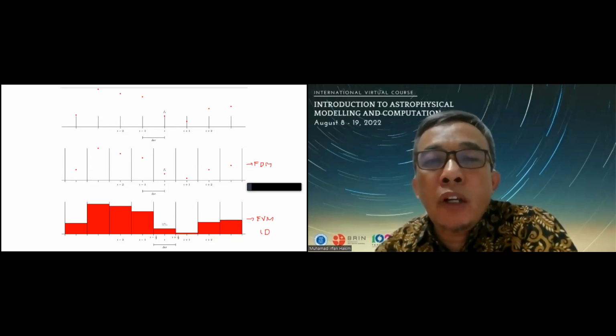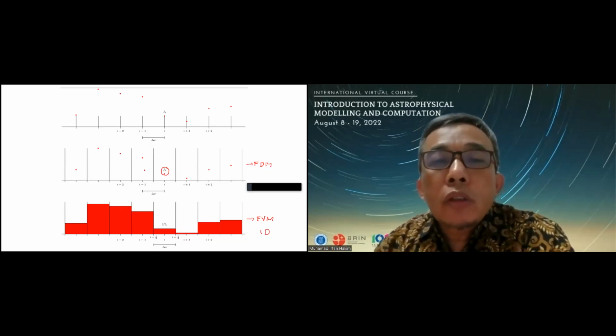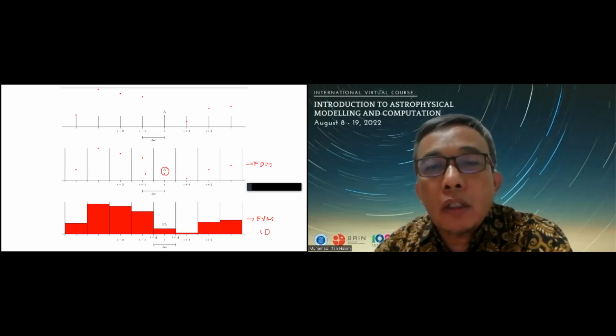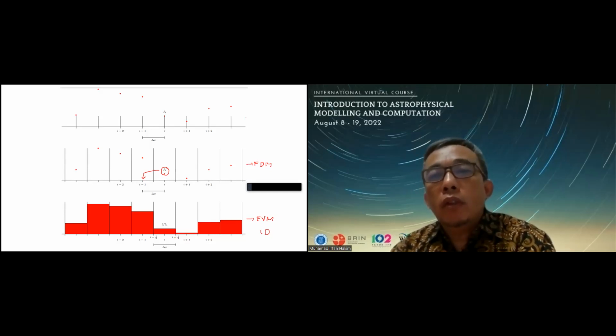We approximate the value of the function f here using the values at other nodes here. Or this is another example.